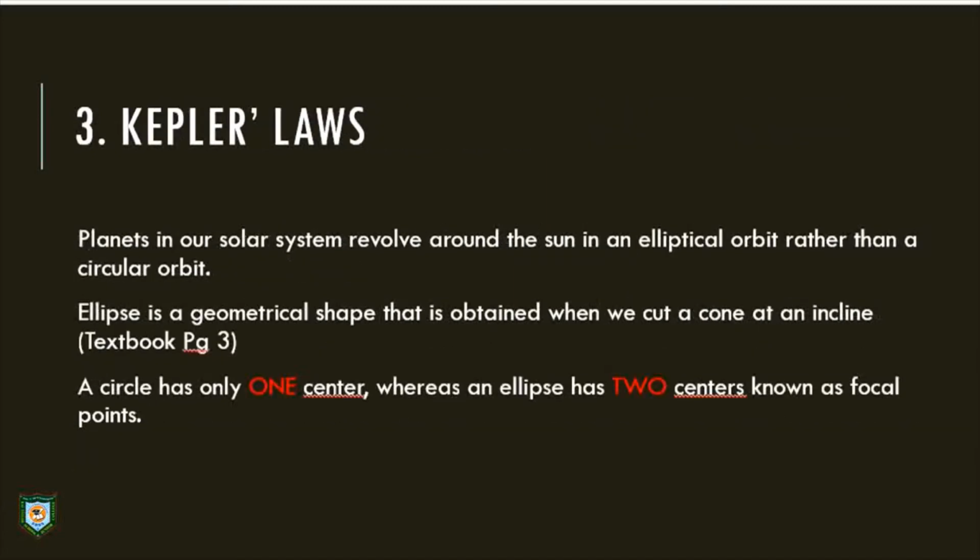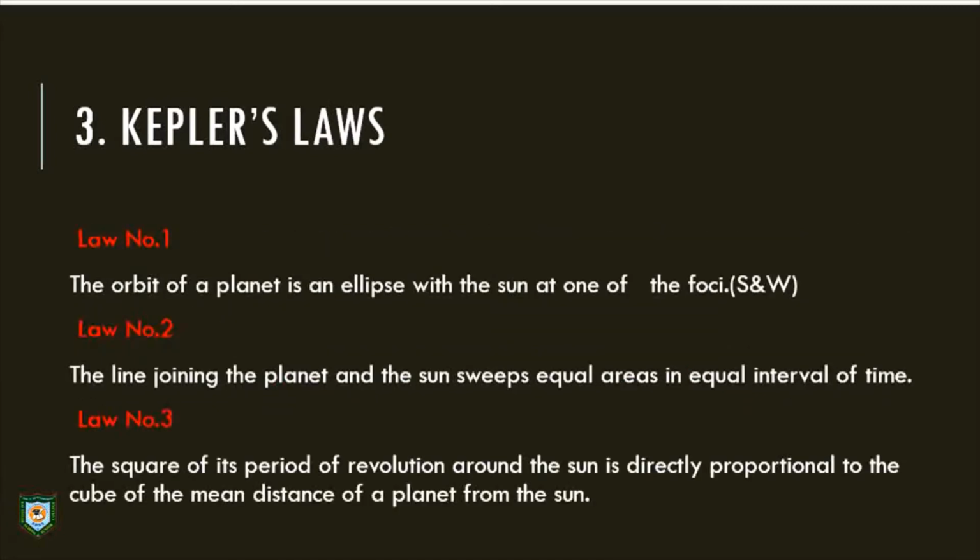Now then we moved on to Kepler's laws, and here are those three laws. Law number one: the orbit of a planet is an ellipse with the sun at one of the foci. Law number two: the line joining the planet and the sun sweeps equal areas in equal intervals of time.